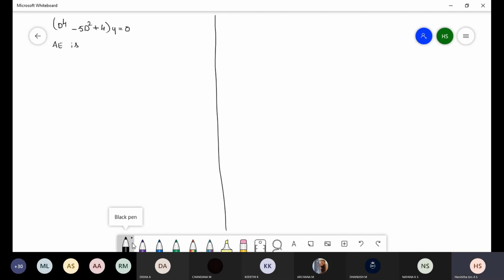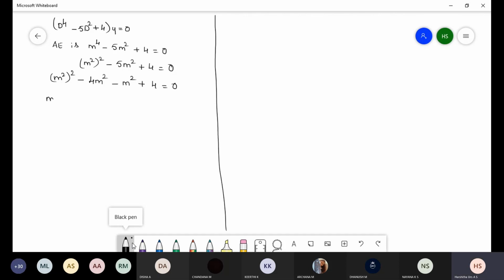So m power 4 minus 5m square plus 4 is equal to 0. Here in the place of m power 4 we can write m square whole square minus 5m square plus 4 is equal to 0. Then for this 5m square I just write 4m square minus m square plus 4 is equal to 0.